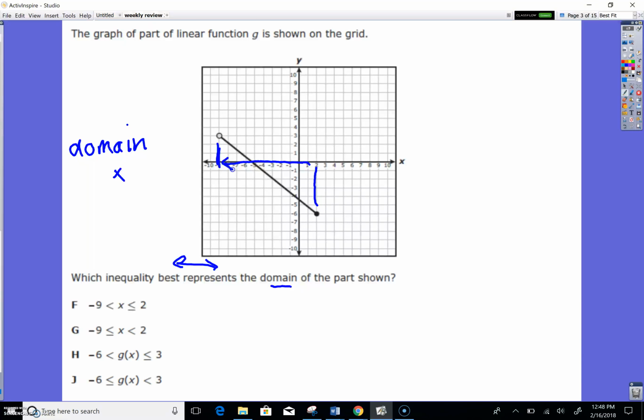It starts at, looks like, -9 and it ends at 2. So we know it's not these. Now, we have to focus on this thing right here. This one does not include, so we know it's going to be this. This one is dark, so it includes. So, that would be that answer.